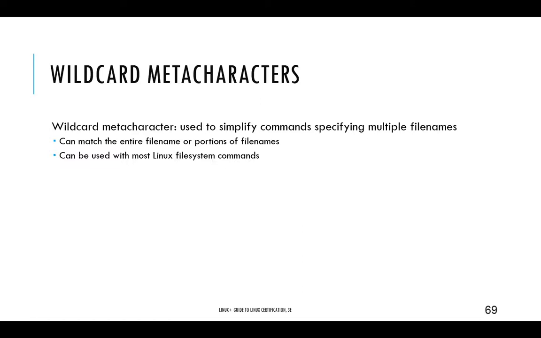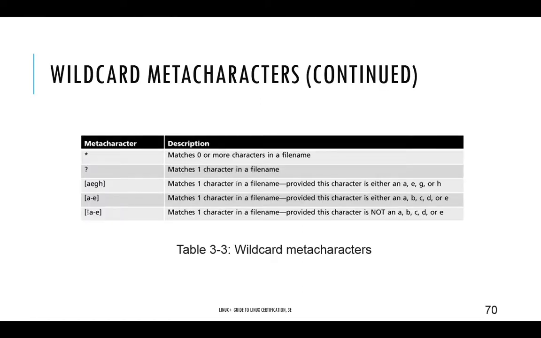Wildcard metacharacters are used to simplify the commands. All they do is match the entire file name and portions of file names, and you can use them for Linux command and system file names. Wildcards are pretty cool. If you don't remember the rest of it, you just hit star.